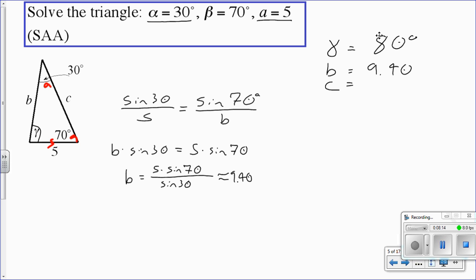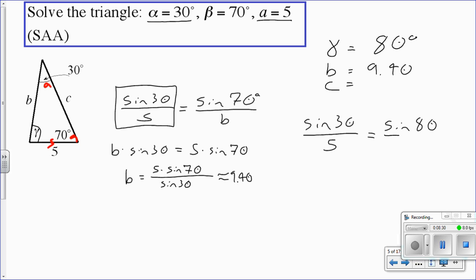Again, I use what I was given and set up my law of sines. I have sine of 30 degrees over 5 is equal to sine of 80 degrees over C. I cross multiply, I get C times the sine of 30 equals 5 times the sine of 80.